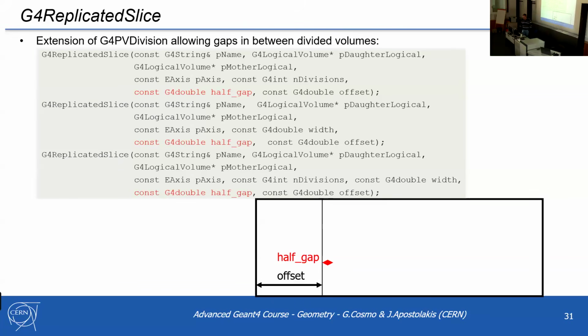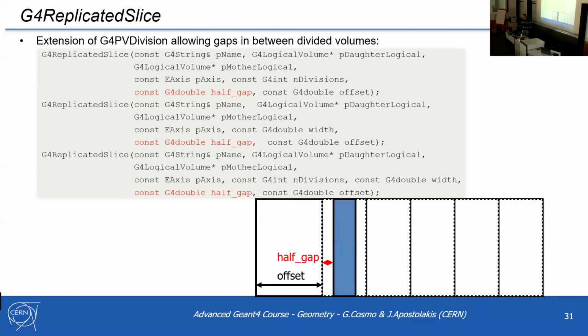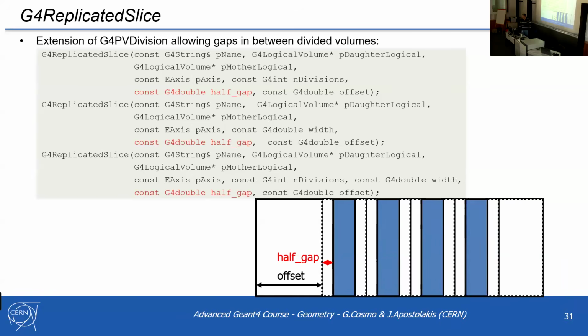That allows you to specify your divisions this way. So these are the slices, and those effectively get constructed starting from your half gap, and then get repeated in every single place. It's a very special construct, but sometimes very useful to have. The concept is exactly the same as the one for divisions.